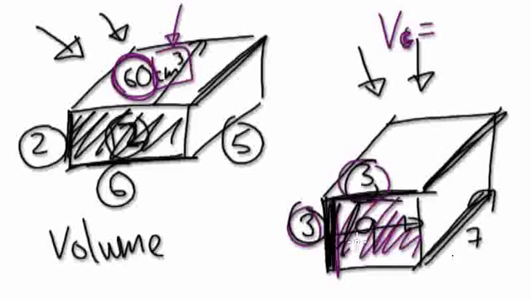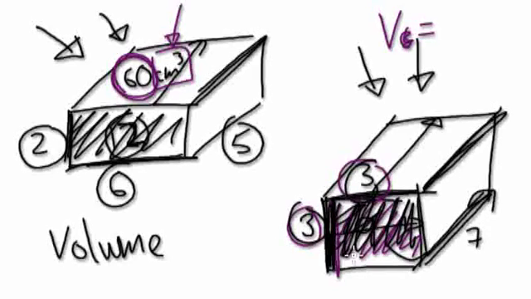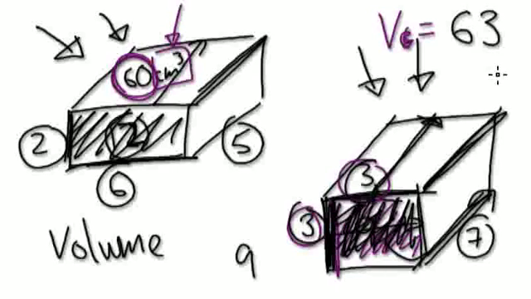Once you have an area, then you drag it all the way down here, which is 7. So remember, the area here is 9, and then we drag it down here, so it's times 7. So the volume of this block is 63, whereas this one's only 60.